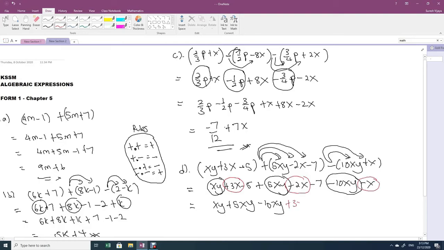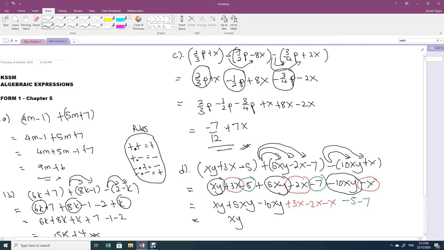So we have plus 3x minus 2x minus x. Then the final one will be minus 5 minus 7. I just use a different color to differentiate and to allow you to understand this better. In your exam you have to use one color only.